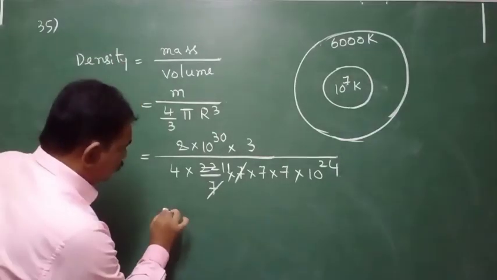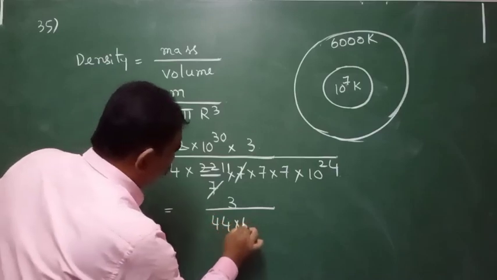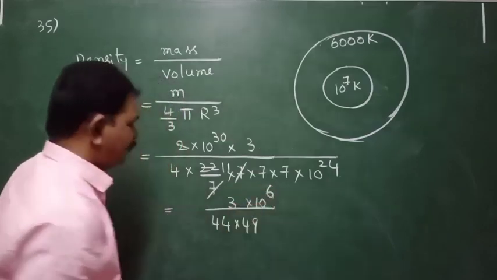So this is 3 by 44 into 49 into 10 power 6.